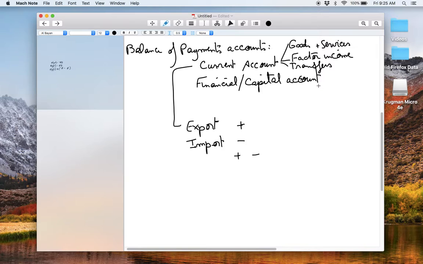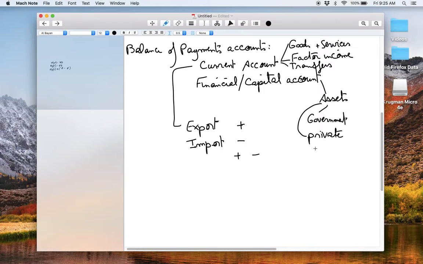And the financial account tracks what's happening with assets, the buying and selling of assets, either by governments, so that would be official changes in the financial account, or by private parties, by people. Okay, if I go and buy a stock in the European stock market, that's a private transaction.